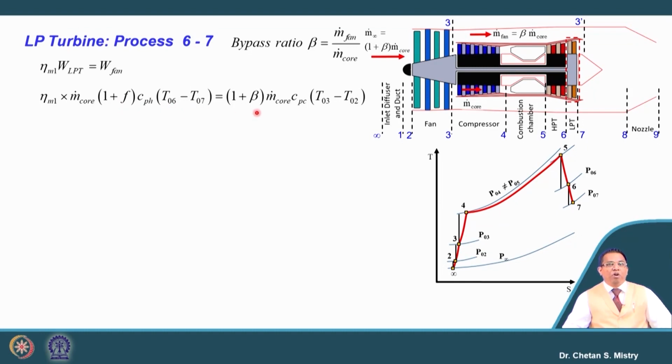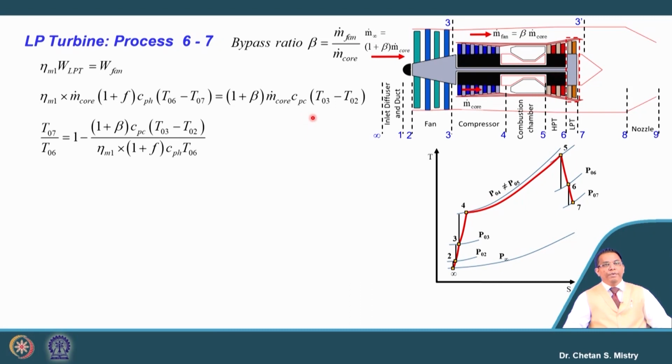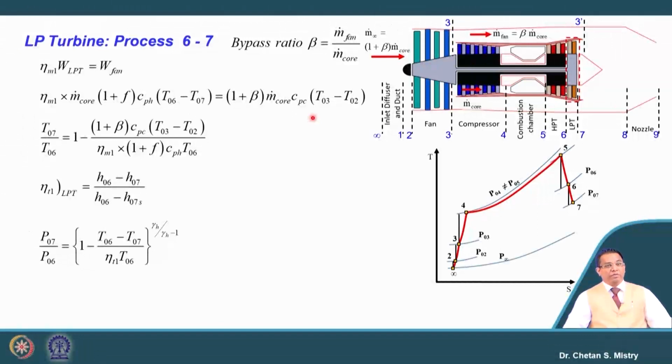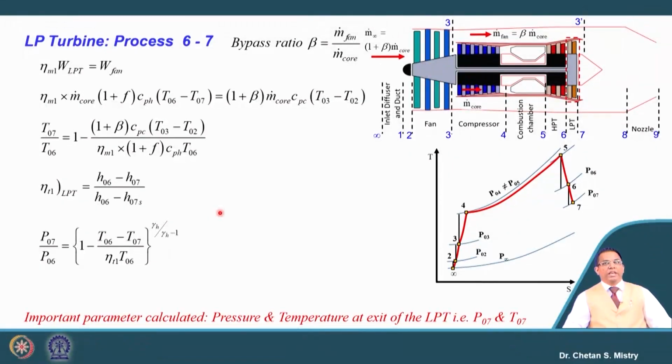Similarly, in terms of what flow rate it is at the input, that is given by (1 plus beta) into m dot core Cp delta T0. Based on that, we can calculate the exit temperature from the LP turbine, and based on isentropic correlation, we can calculate the exit pressure from the LP turbine. So, this is the case we are looking for.